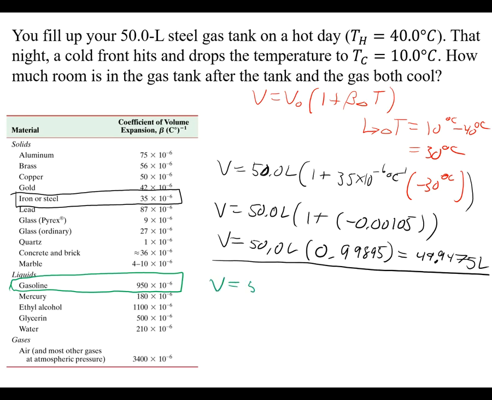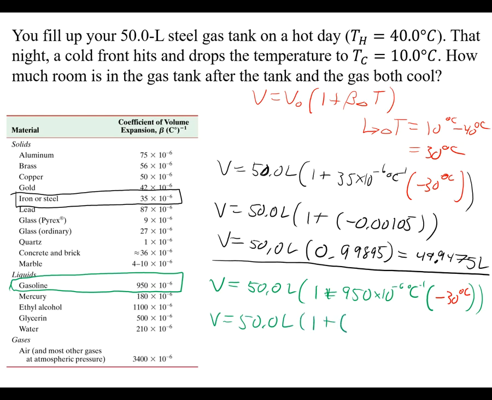Following the exact same procedure, 50 liters of gasoline, its coefficient is 950 times 10 to the minus 6th inverse degrees Celsius, times, again, our change in temperature is negative 30 degrees Celsius, which would give us 50 liters times 1 plus, and this would be a negative 0.0285.